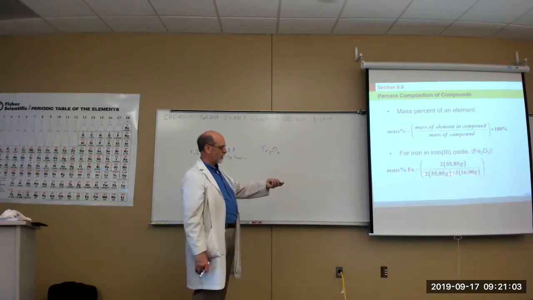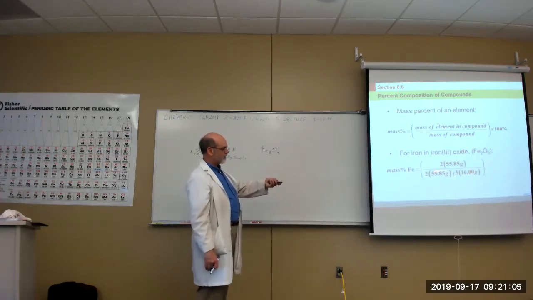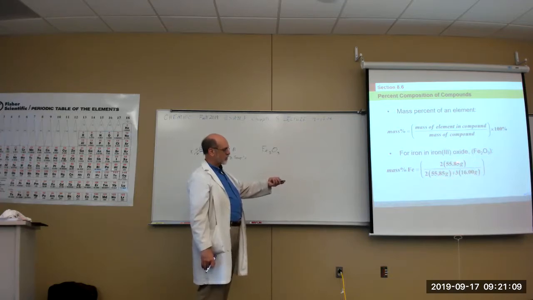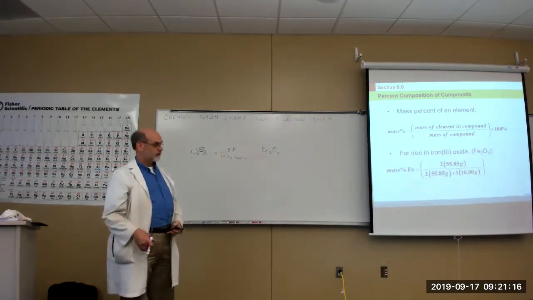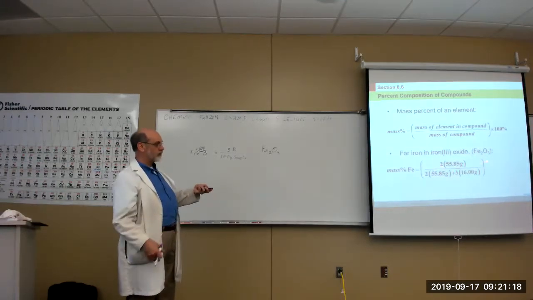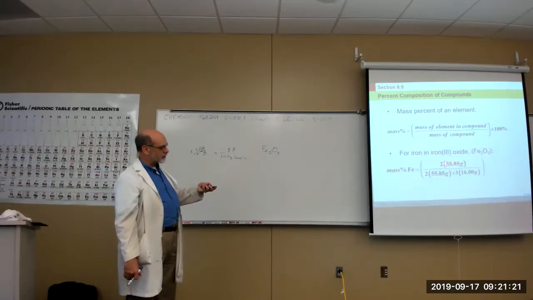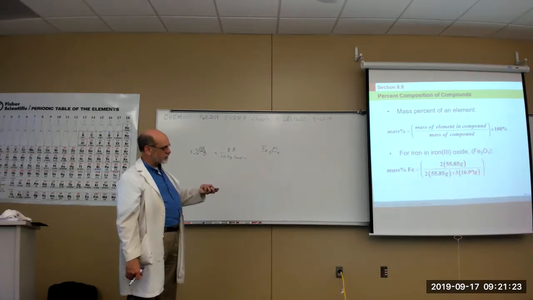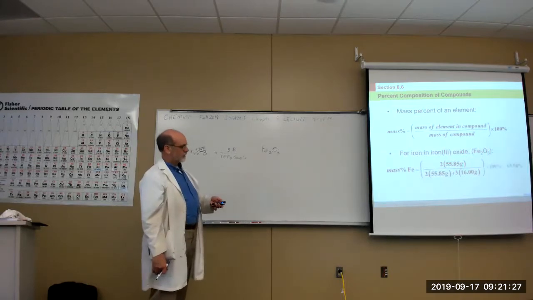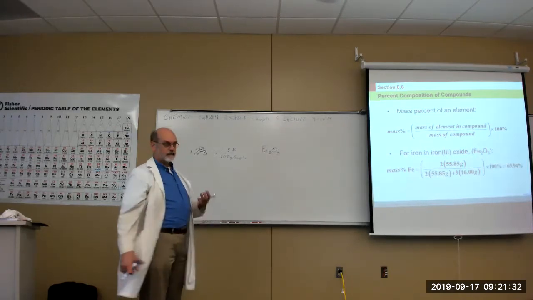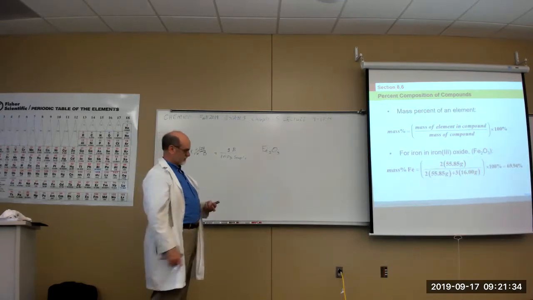That's how much a mole weighs. But the amount of iron in that mole is this amount. So if you ratio this to the total times 100, you get the percentage of each one. This is just for iron, but you could do it for oxygen too. You just substitute that up here, and times 100. In that case, you get 69.94%. So you have to do it for each element.